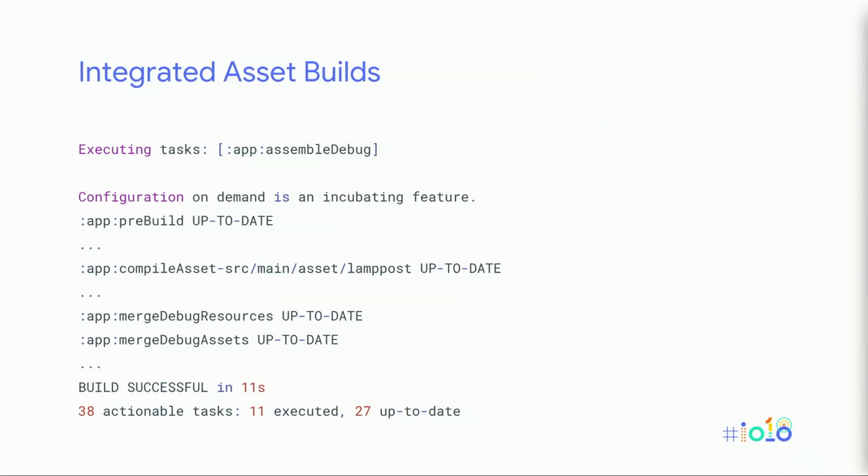And these are added to the dependency chain so that they'll run before the tasks that merge in assets or resources into your APK. And so you can always be sure that these bundles will be updated or these optimized binaries will be updated and ready to go every time you build an APK, and you'll always get the latest and greatest version of the optimized binary that has all your updated parameters.